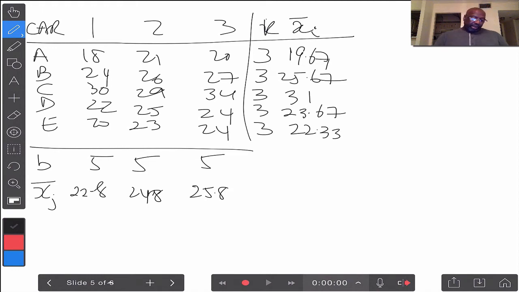We also have the following. The grand mean, x double bar, will be the sum of all the x_ij's over n.